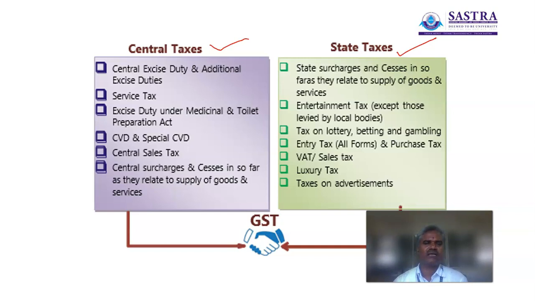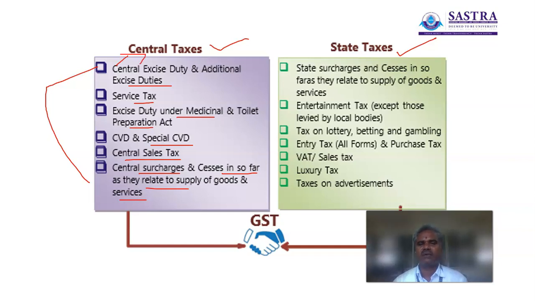Central excise duty and additional excise duty, service tax, excise duty under medicinal and toilet preparations, CVD and special CVD, central sales tax, central surcharges and cess in so far as they relate to supply of goods or services. So they are all for the central government.